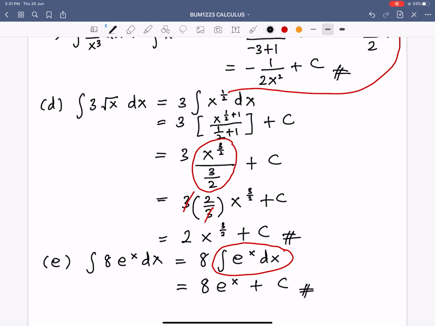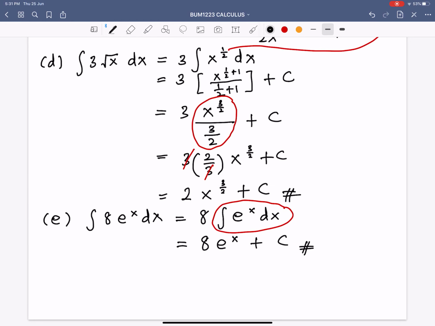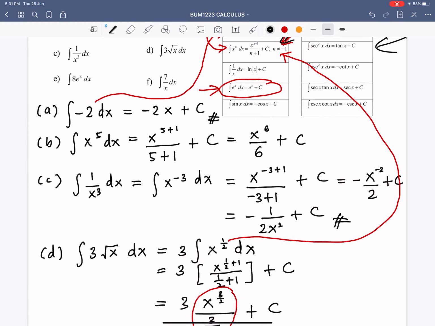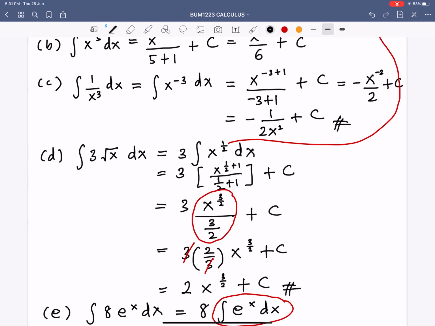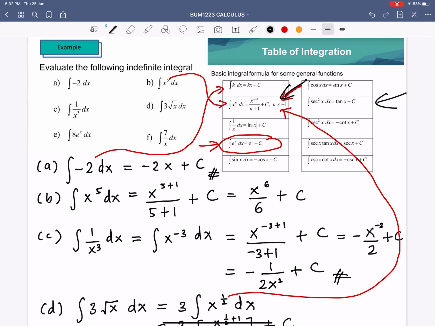Just that easy. Okay, the next one, question F, we have the integration of 7 over x dx, which is equal to the integration where we factor out 7, 7 times the integration of 1 over x dx. If we look at the given formula, this will be the formula that we are going to use: the integration of 1 over x dx is equal to ln modulus x plus c.